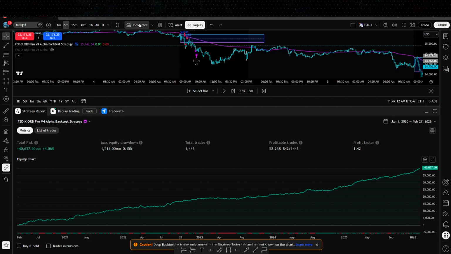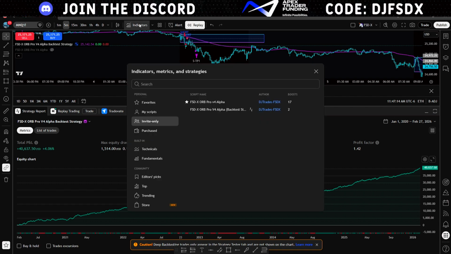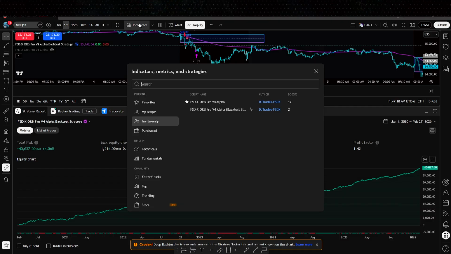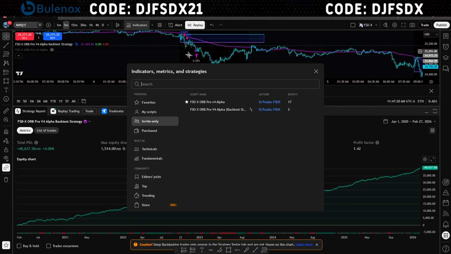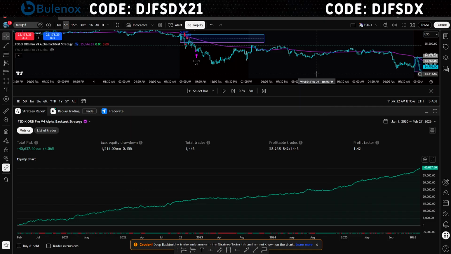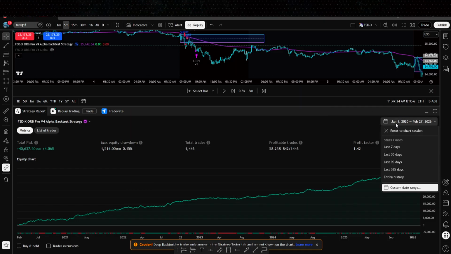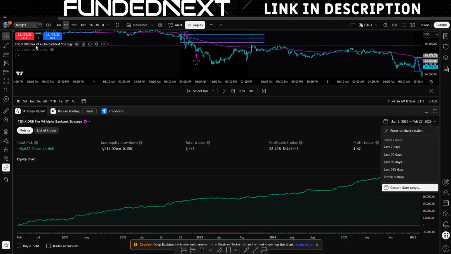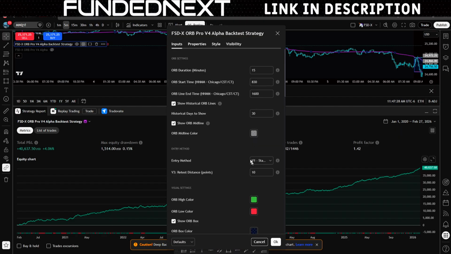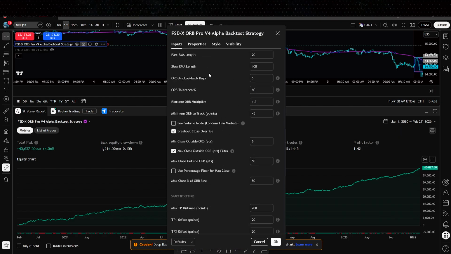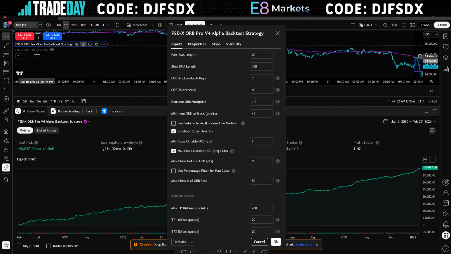So you guys have this. It depends on your subscription how far back you can go, but you definitely can use it. If you adjust any settings in here, it looks basically exactly the same as the indicator itself.